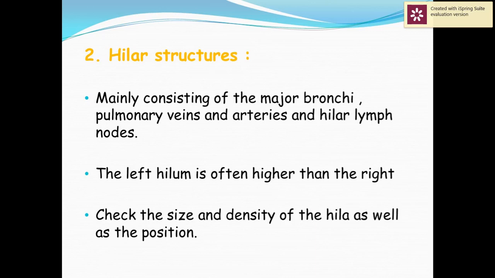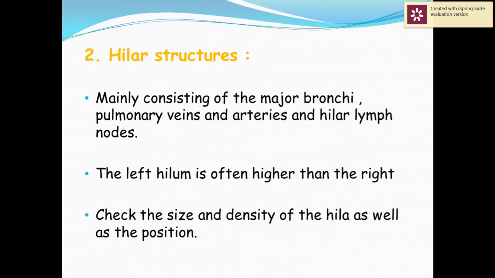Hilar structures always come up in MCQ questions. Usually the left hilum is often higher than the right, while the right diaphragm is higher than the left. Very important information.